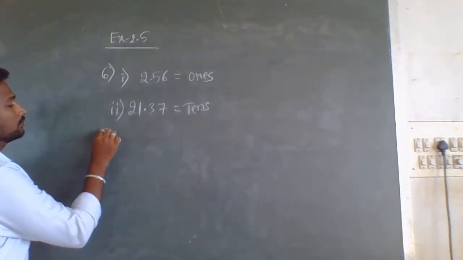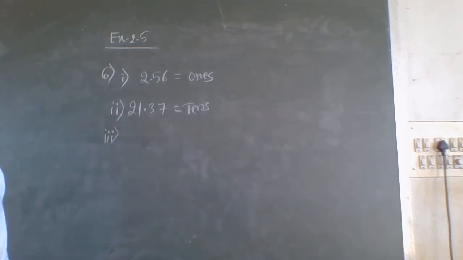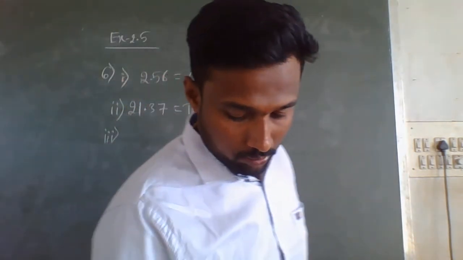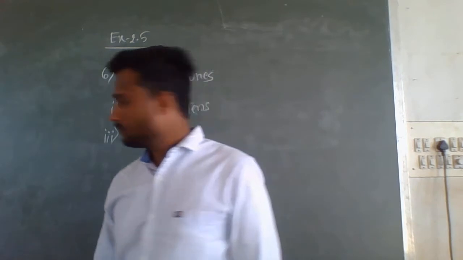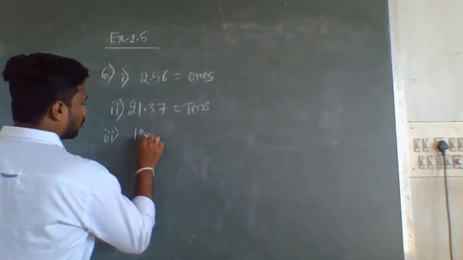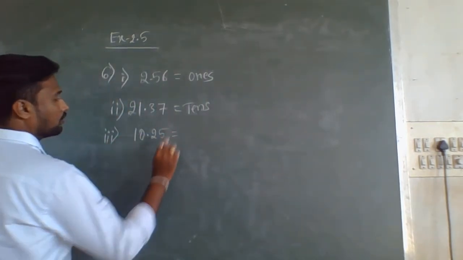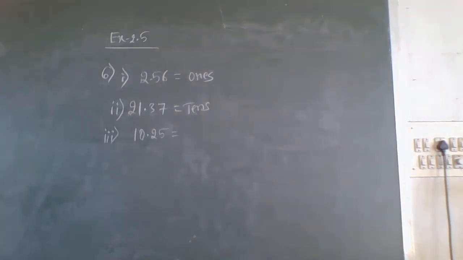Next, third question: 10.25. Here they have given 10.25. Again you can see they have given 2 in this number. So what is the position of 2 here?